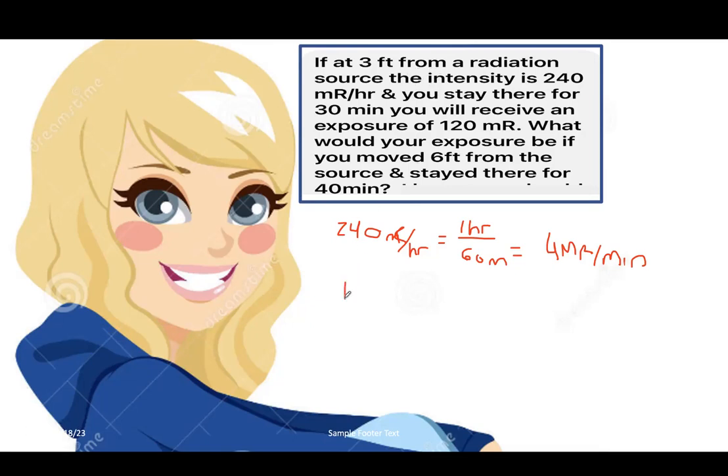Okay, so we have intensity 1 is now 4 milliroentgen a minute. Distance 1 is 3 feet. Intensity 2 is, we don't know what the intensity is.